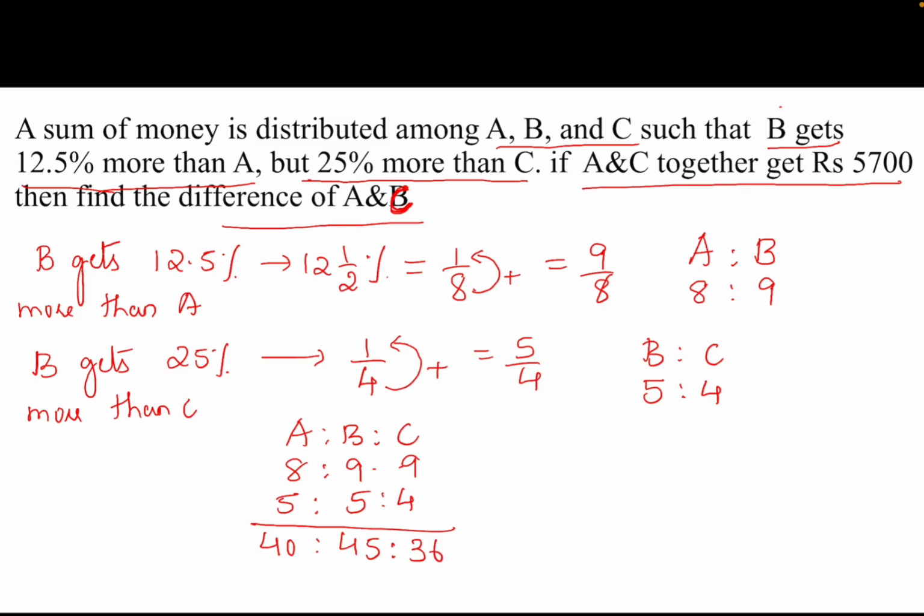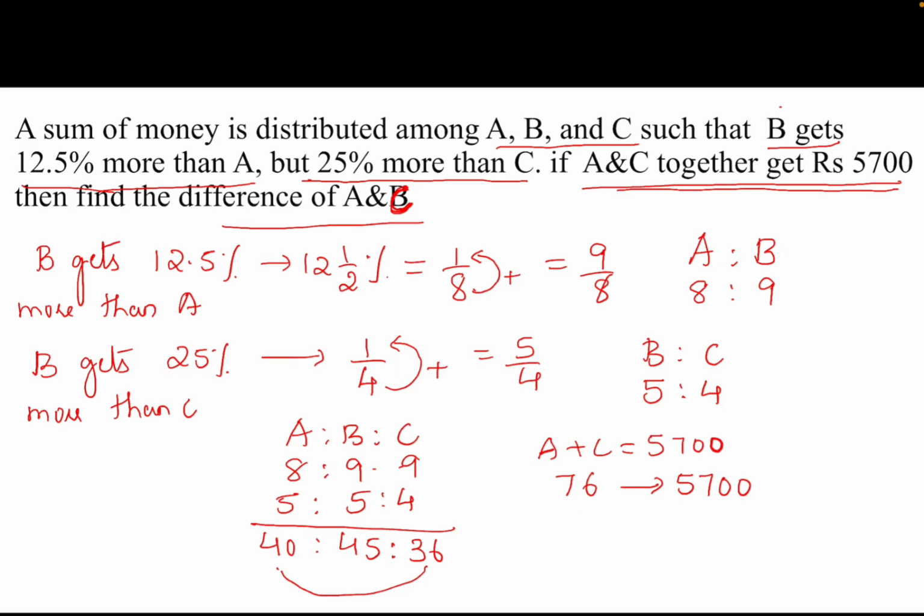Now we know that A and C together get 5,700. So A and C together in ratio is how much? 40 plus 36 is 76. So 76 parts in ratio is 5,700 in amount.